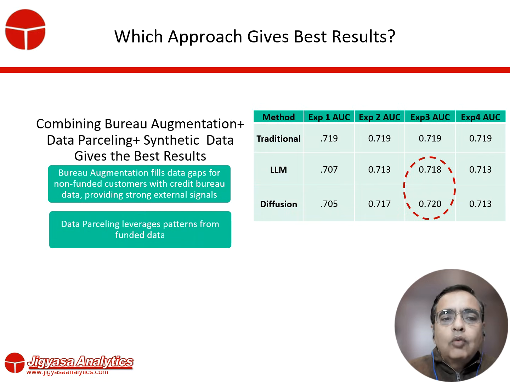Now, what does data parceling do? What data parceling is doing is it's leveraging a model which was built on the funded population within our own sample. So it is capturing the patterns and the dynamics which are unique to us within our sample, and leveraging that to generate our best guess of how the non-booked population would have performed.